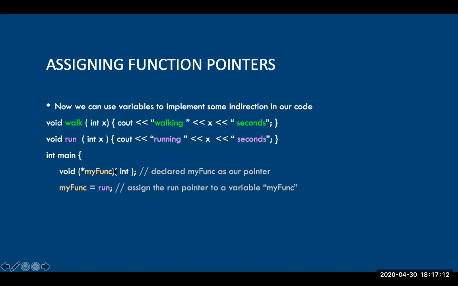I can manually assign my func to run, and then I can invoke my func just like I would be calling run. I pass in a 10 and it'll just do the work. And if we're working in a scenario with a bunch of these that have the same function signature, I don't even need to know which function I'm calling. Maybe it was decided by some other process. I just need to know I need to call it now.